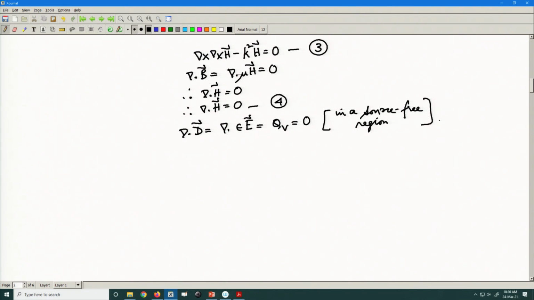So, divergence of D is also 0 and divergence of E therefore is 0. We write that down, divergence of E is 0, that is equation 5.